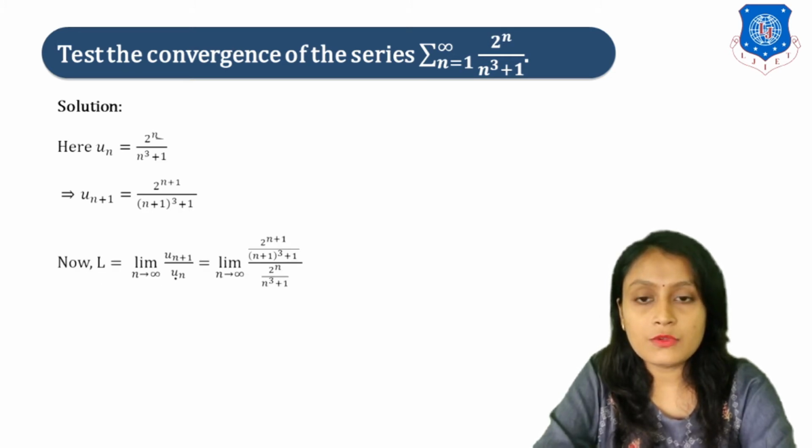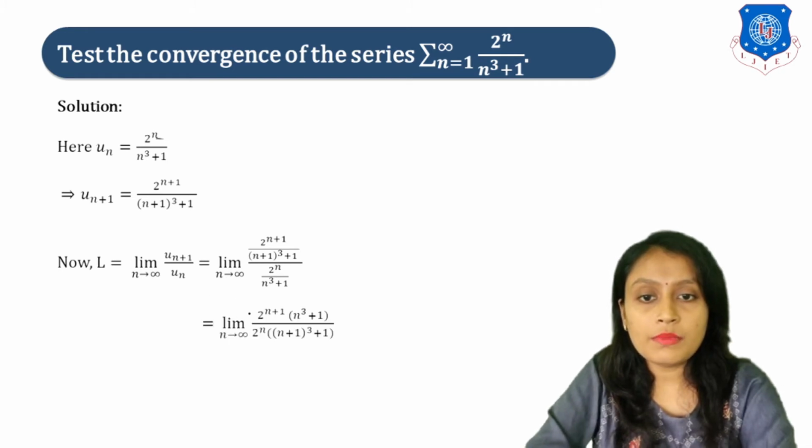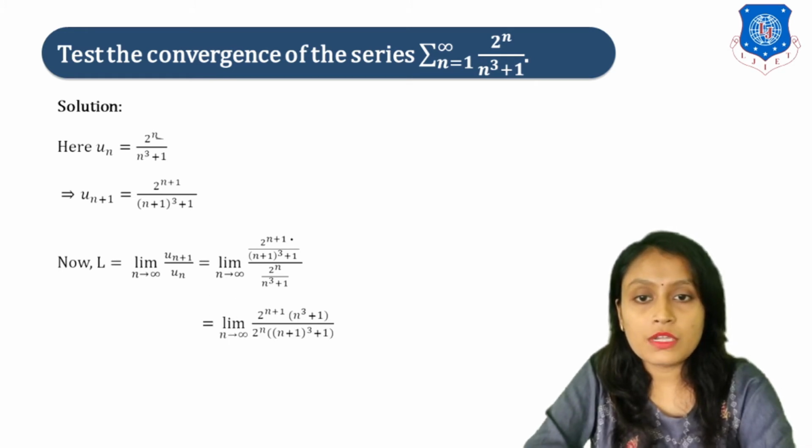Limit n tends to infinity, un+1 upon un, substitute these answers. Now simplify. You will get 2 raised to n+1, and this will go to the numerator, so here we have n cube plus 1, and this 2 we will write in the denominator, that is 2 raised to n into (n+1) whole cube plus 1.